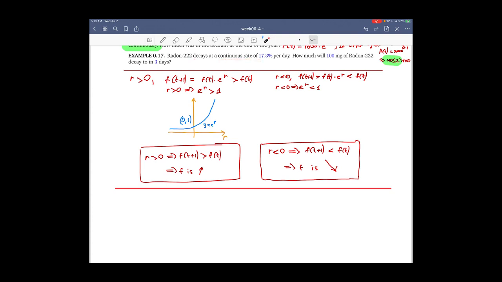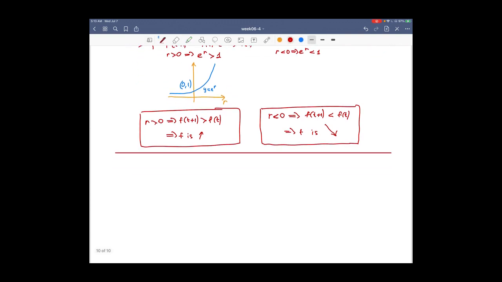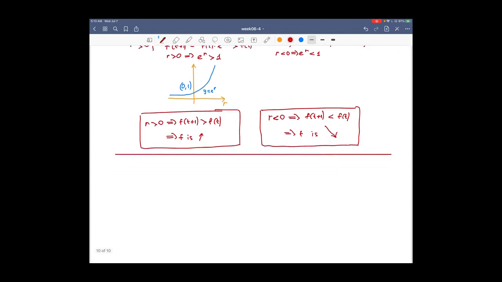It's a radioactive isotope, radium-222, and it decays at a continuous rate, again, continuous rate of 17.3% per day. How much will 100 milligrams of radium-222 decay to in 3 days? What is the formula governing the amount of radium?